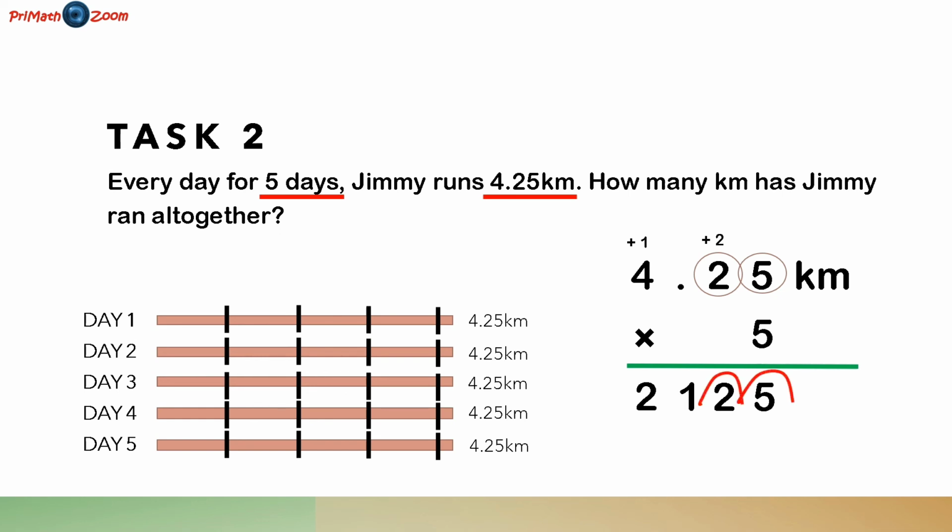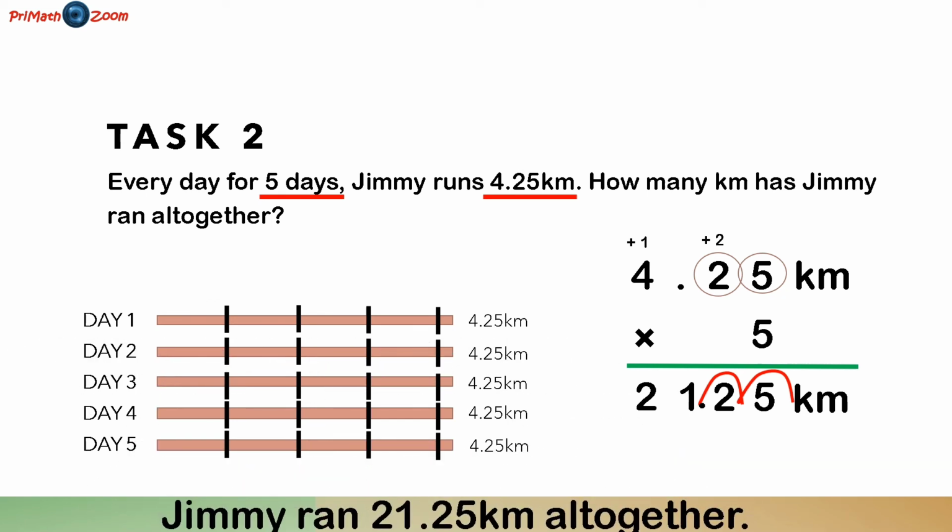So 1 decimal place, 2 decimal places, and we're going to place our point. Of course, we cannot forget to add our unit. So here, Jimmy ran 21.25 kilometers altogether.